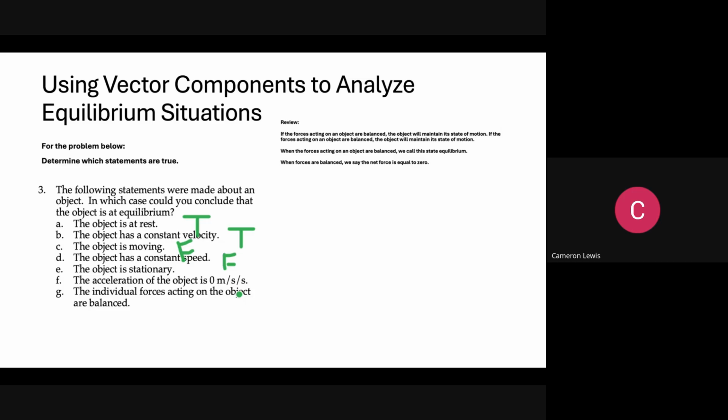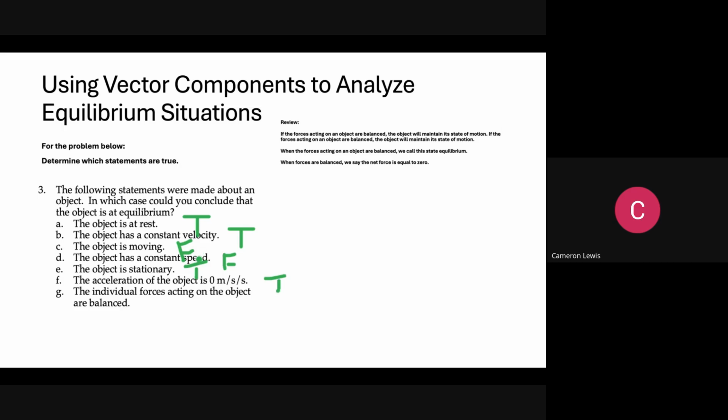The object is stationary. If the object is stationary, can we conclude it's at equilibrium? Yes. Any objections? Nope. Okay. The acceleration of an object is 0 meters per second per second. Is the object at equilibrium? Yep. Any objections? Okay.